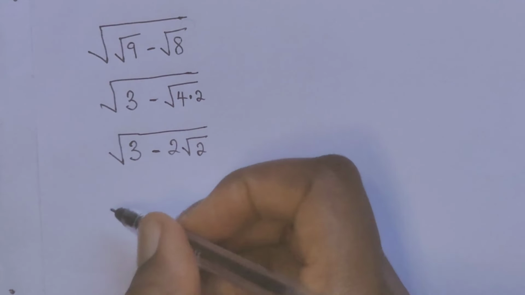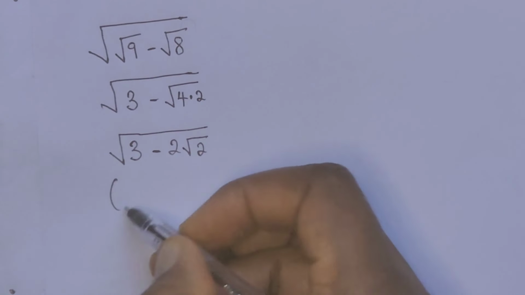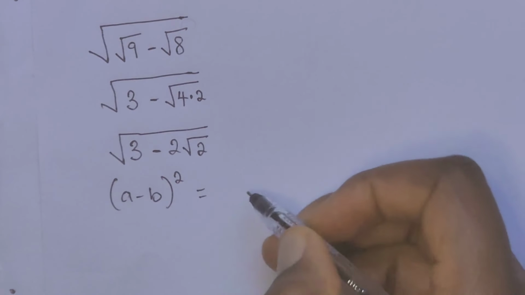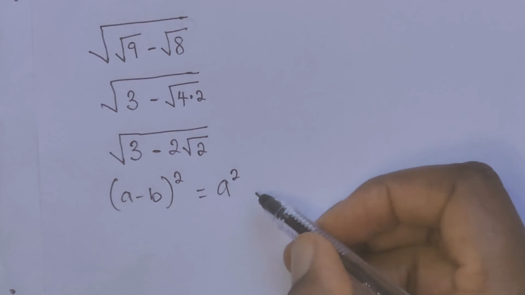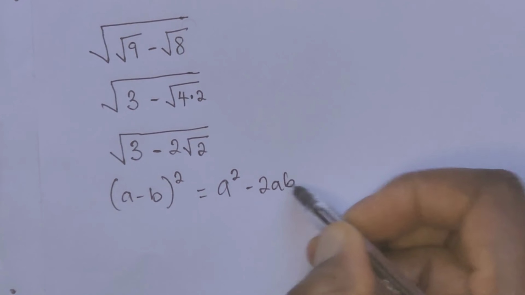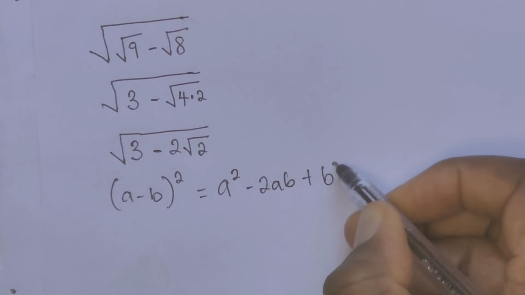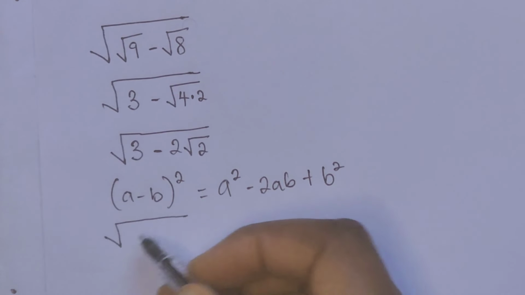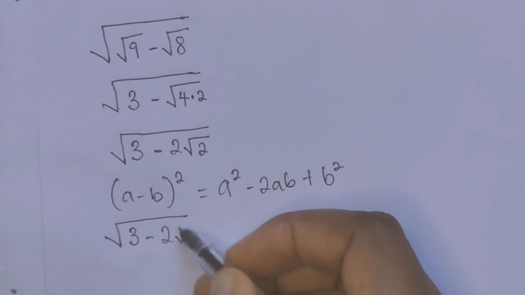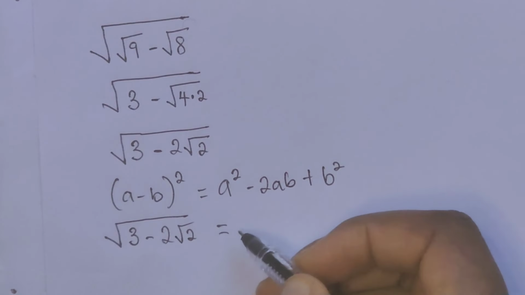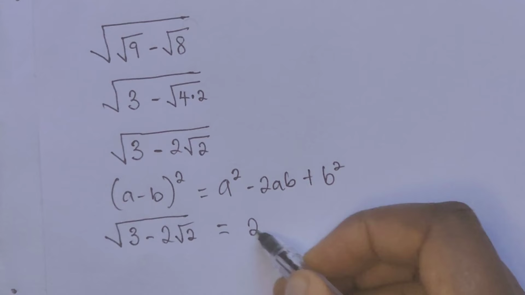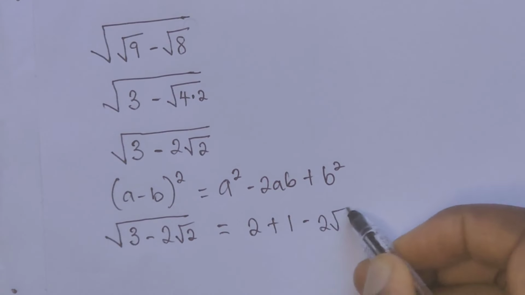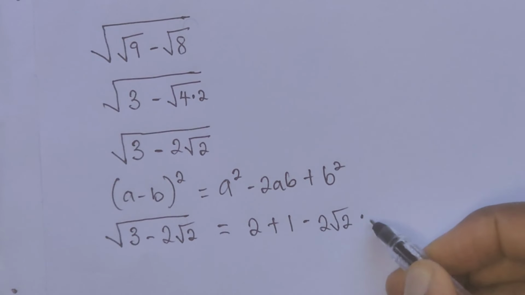So from here, we have that a minus b all squared is equal to a squared minus 2ab plus b squared. So from here, our square root of 3 minus 2 root 2 can be the same as 2 plus 1 minus 2 root 2 times root 1.